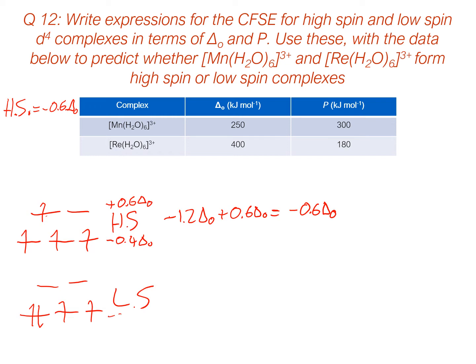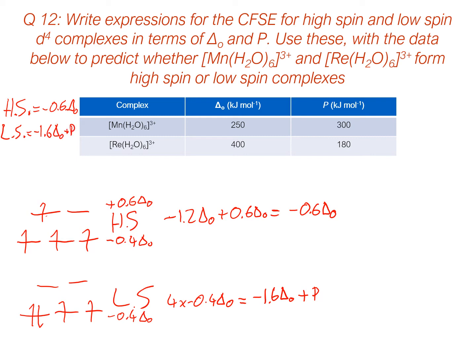Again, down the bottom, each electron stabilizes it by minus 0.4 delta O. This time we've got 4 electrons down there, so it's 4 times minus 0.4 delta O. This equals minus 1.6 delta O. But as I said, we've got a paired up electron. This takes energy because of those electron-electron repulsions. So we've got the plus P term. We'll write this up here for safekeeping as well. Minus 1.6 delta O plus P.